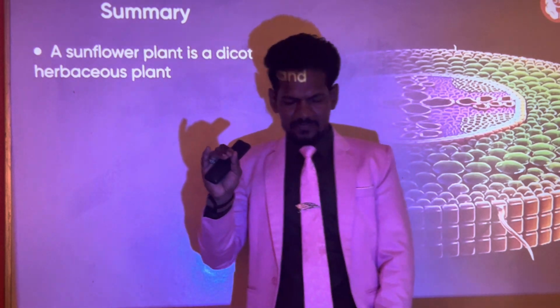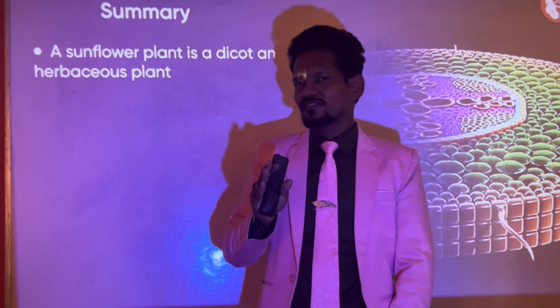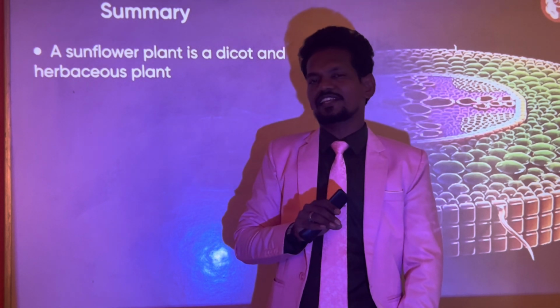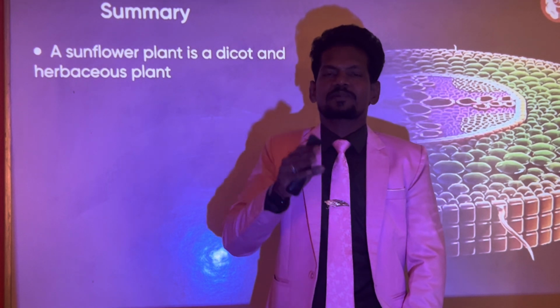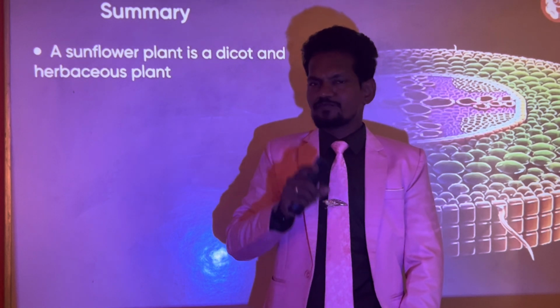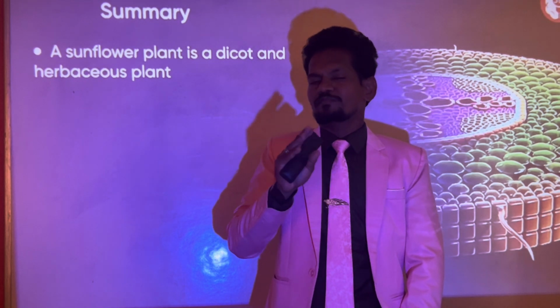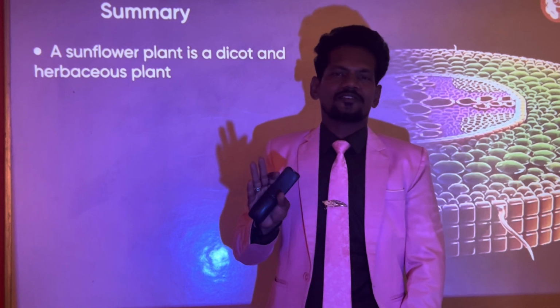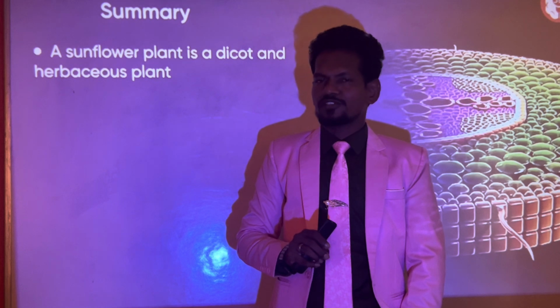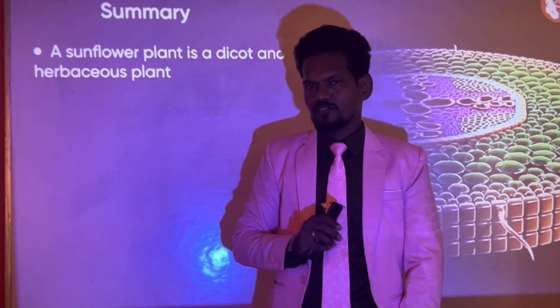First, dicot root contains pericycle. Monocot also contains pericycle, but in dicot, pericycle is involved in secondary growth and lateral root formation, but in monocot, pericycle never forms secondary growth or lateral roots. So these are the main points.